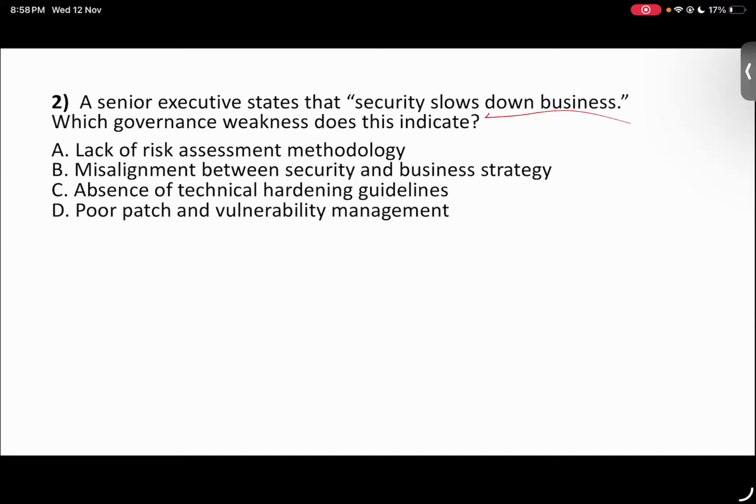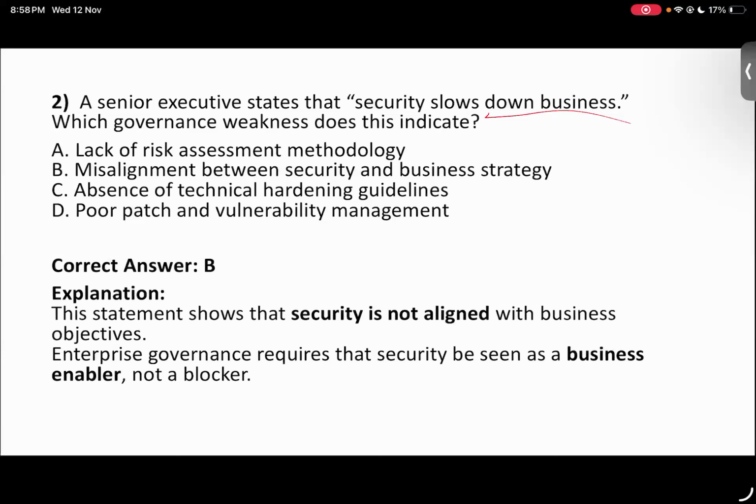I think B or A. Mostly B, I feel B. Yeah, business slows down because of misalignment between security and business strategy. We need to align the business vision and security vision. The statement shows that security is not aligned with the business, and enterprise governance requires that security should be seen as a business enabler, not a blocker.